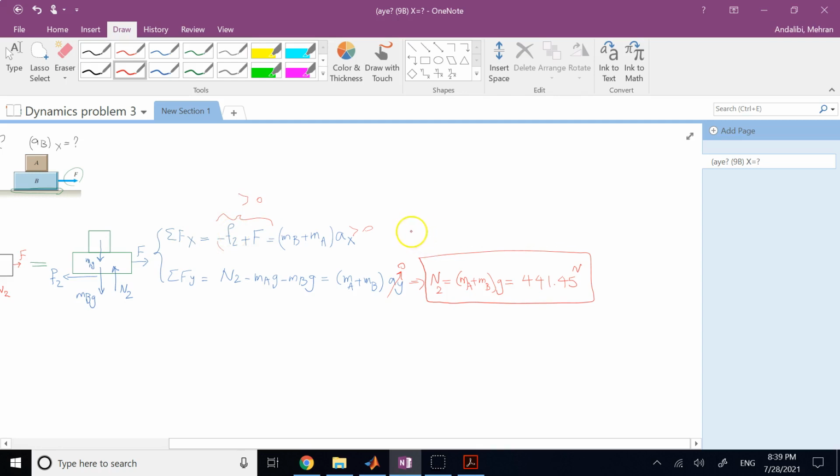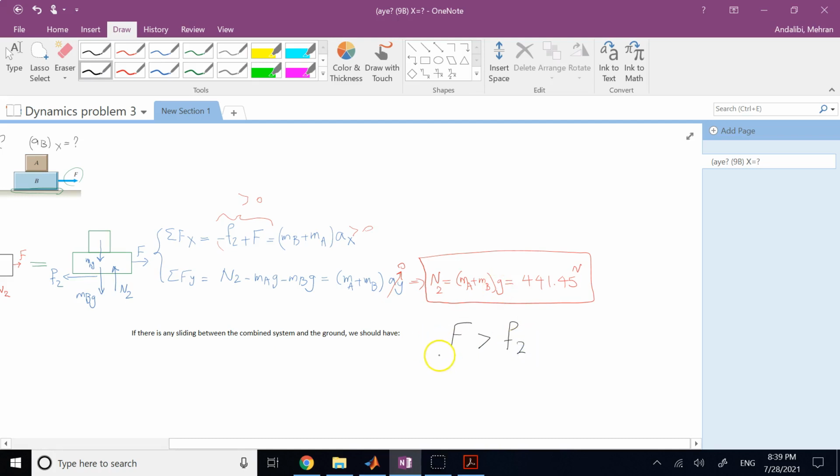So if there is any sliding between the combined system and the ground, we should have the F force bigger than F2.